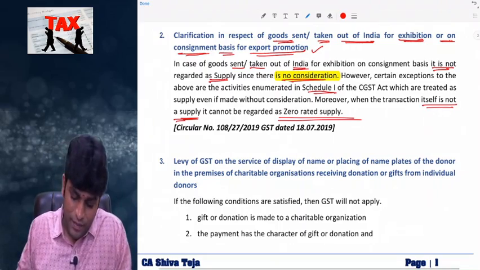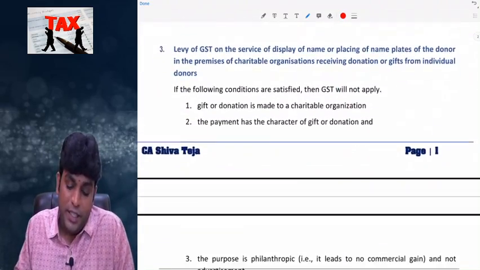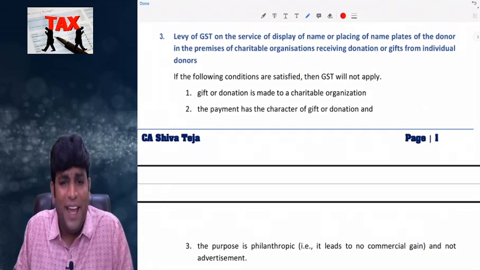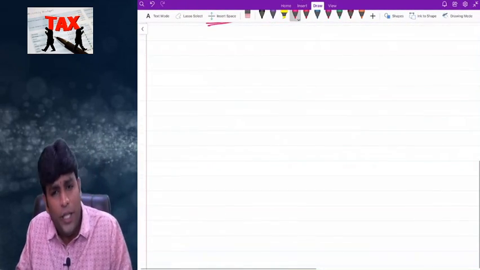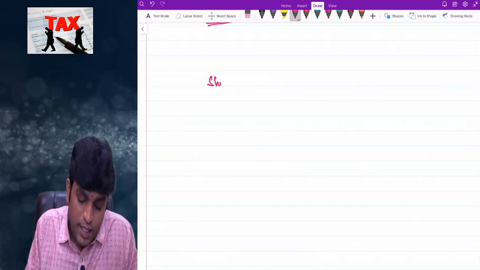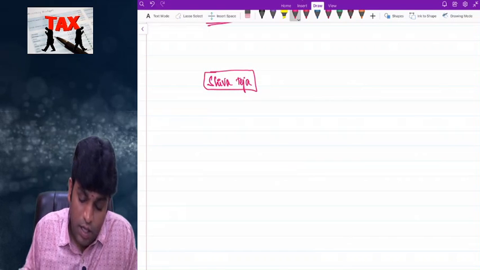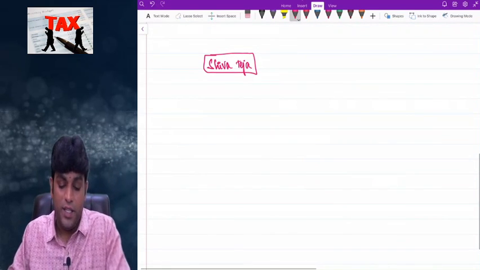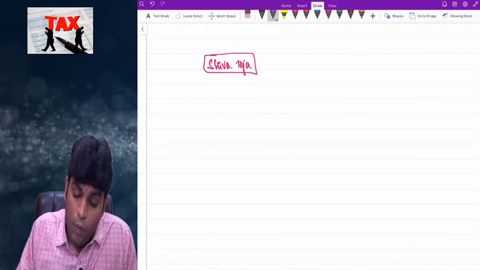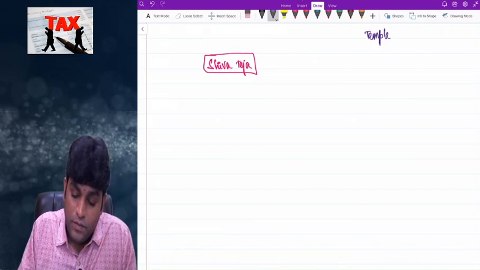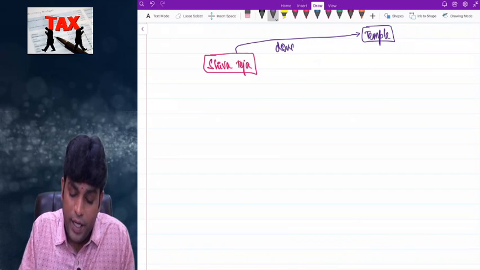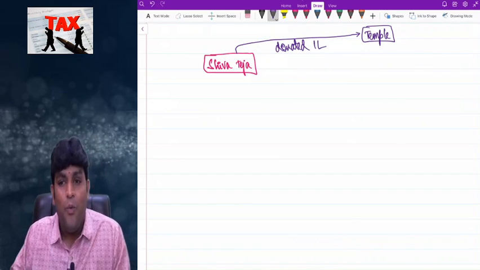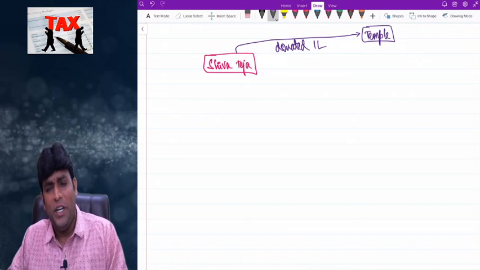Good. Next, another last interesting amendment in the concept of supply. Listen. I'll give an example so that you get clarity of thought here. So let's say there is a person known as Shivateja. Now, what I have done is, there is one temple and Shivateja donated, let's say, 1 lakh rupees to the temple, and temple felt extremely happy.